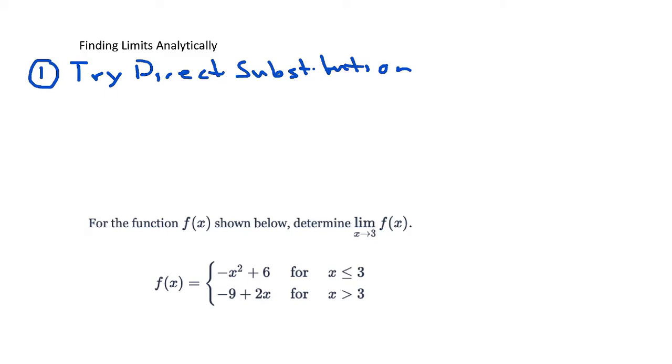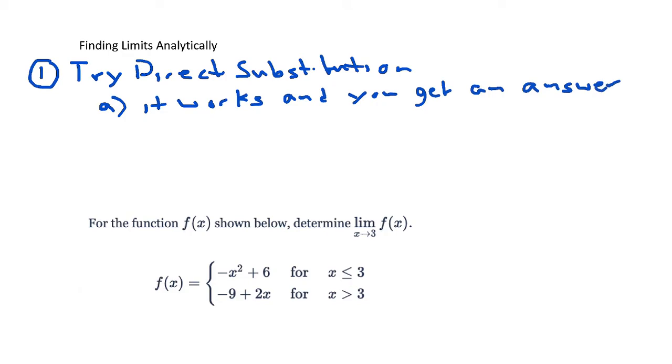The first thing that might happen is it works and you get an answer. And then you're done. It might just work. You plug a value in and you get an answer.